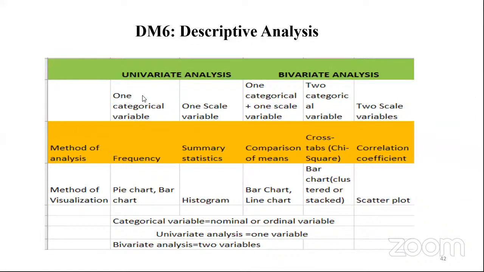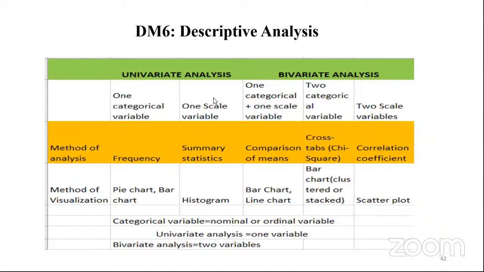Sometimes you can consider one categorical variable, for example quality or color. Most of the time the method of analysis that we use is frequency. You run frequency tables and get percentages. When you want to visualize, you can use a pie chart or a bar graph.